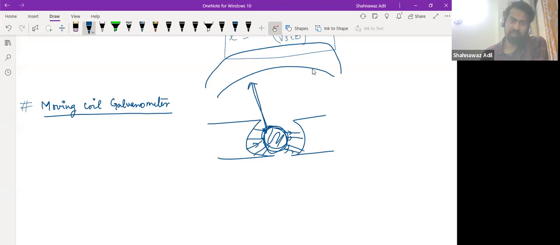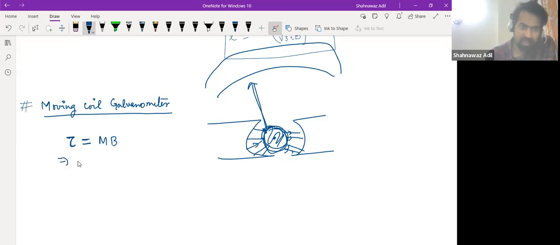So this was the structure of the moving coil galvanometer, and there was this coil which was connected. If we move this thing through some angle, it will create a net torque, and that torque was equal to mB. We know that this torque is a restoring torque.